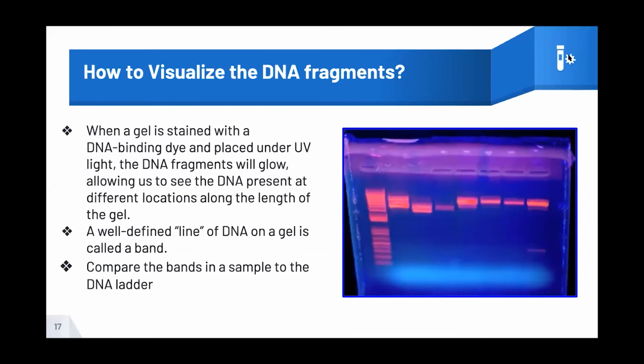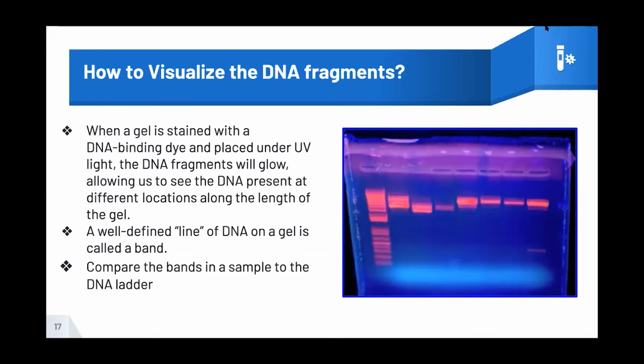So there has to be a way for us to visualize the DNA fragments. So we stain the DNA with a dye that will allow it to fluoresce under UV light. And a commonly used DNA staining dye is ethidium bromide, I believe.